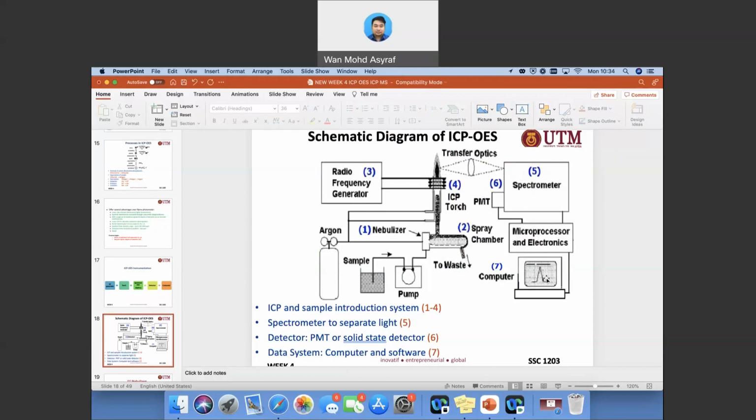All right, so basically this is more or less the schematic diagram of ICP-OES. It just has a couple of additions as compared to a simple flame photometer.